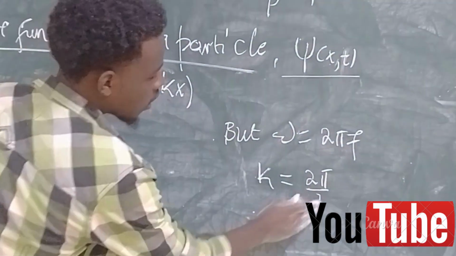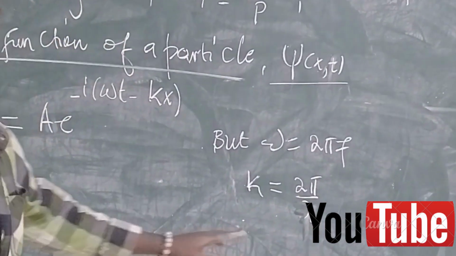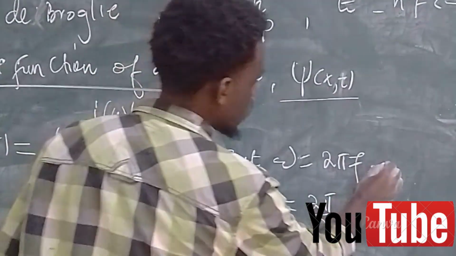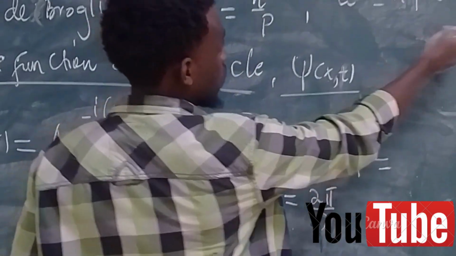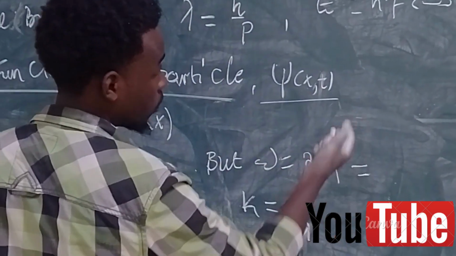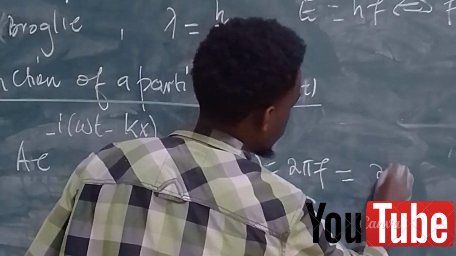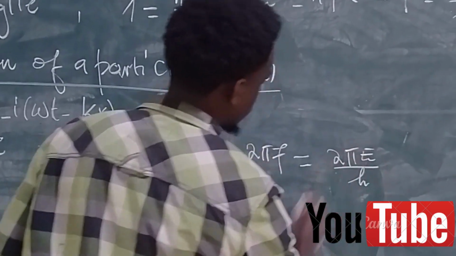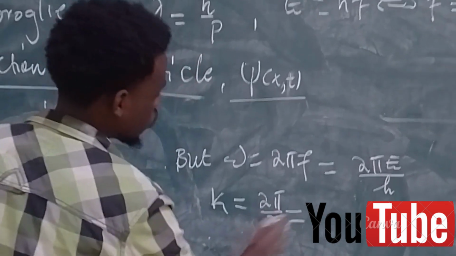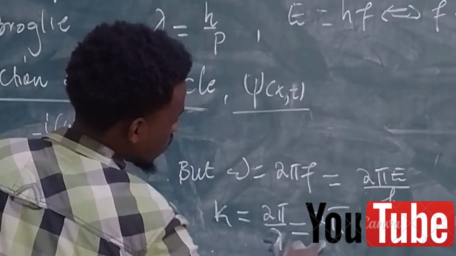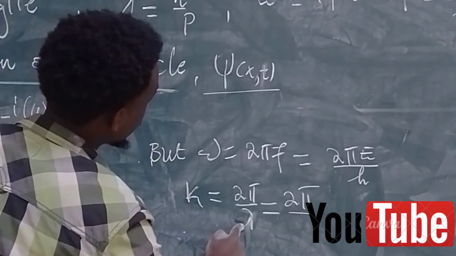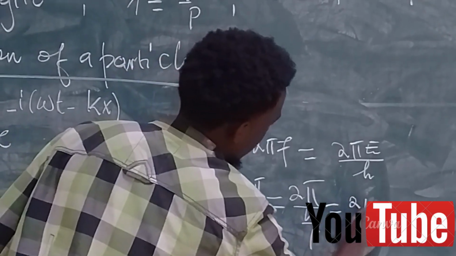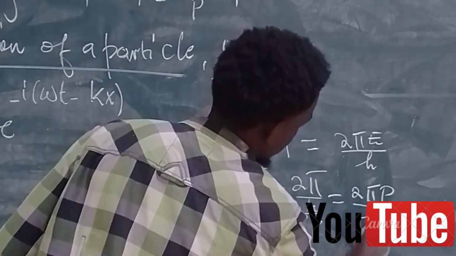So this time we are applying the de Broglie wavelength, and this f is equal to energy over Planck's constant. So omega is equal to 2 pi times energy over Planck's constant, and k is equal to 2 pi times p over h, since the de Broglie wavelength is equal to h over p.